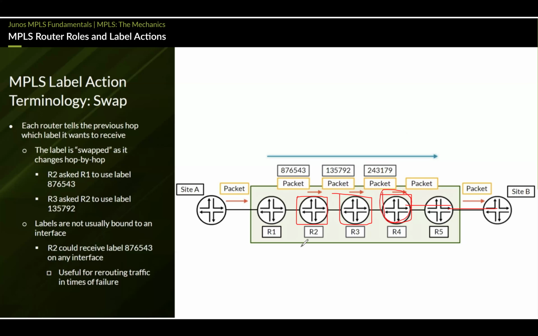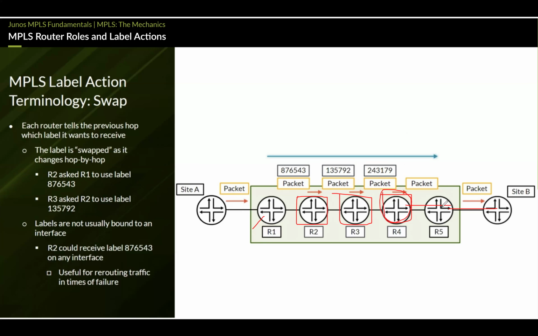So there are basically 3 actions. Router 1 pushes the label with the packet. Router 2 and router 3 swap the label, and router 4 pops the label. Okay, these are the 3 actions. So the transit router action will be swap. The ingress router action will be push.